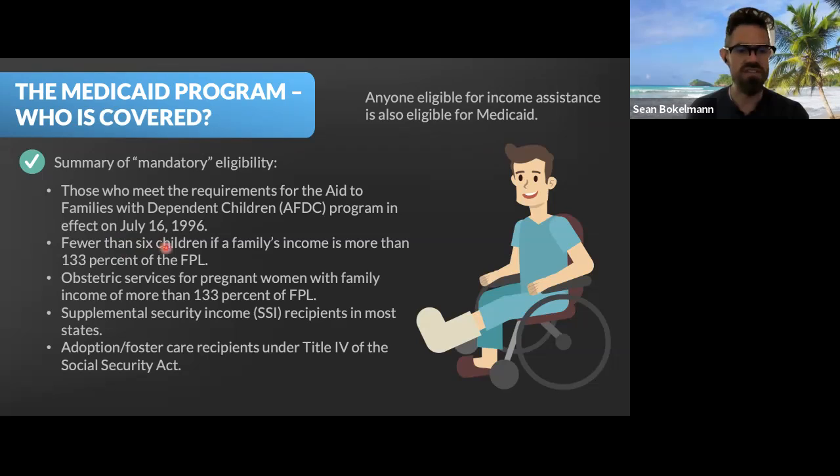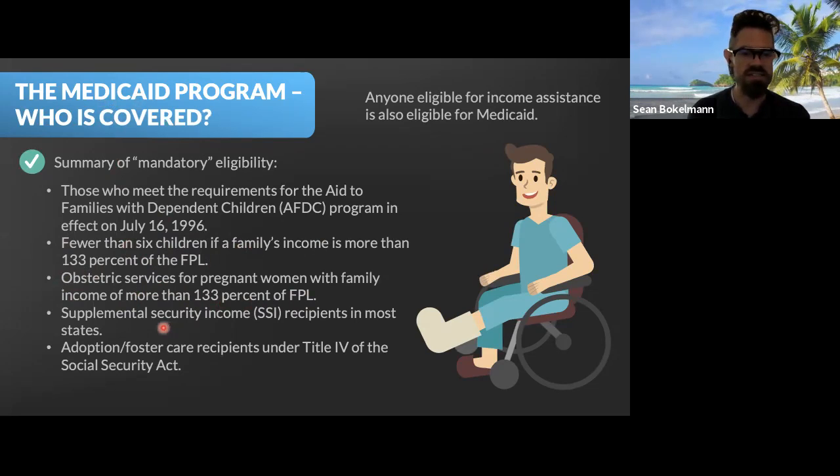Anyone that has fewer than 6 children and whose family's income is more than 133% of the federal poverty line is also eligible for Medicaid. Obstetric services for pregnant women with family income of more than 133% of the federal poverty line are eligible for Medicaid.